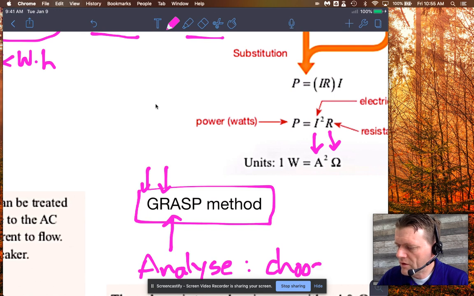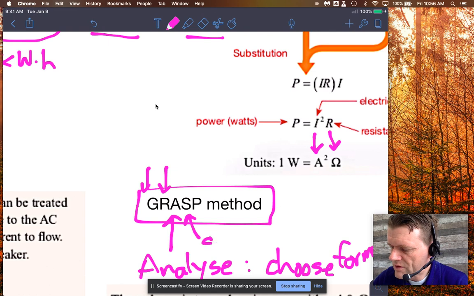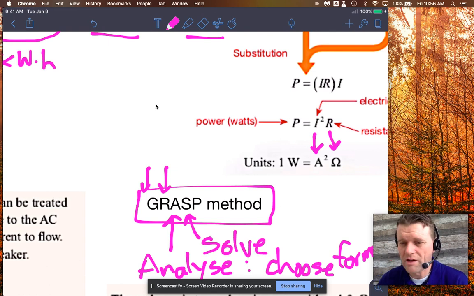So this is where you look to your formula sheet, and you're like, okay, which formula will help me resolve the question when I have these variables, okay? And S just stands for solve. Sometimes I like to say substitute, and that's where you substitute in the numbers for the variables, and then you get your answer. Now, P stands for paraphrase.